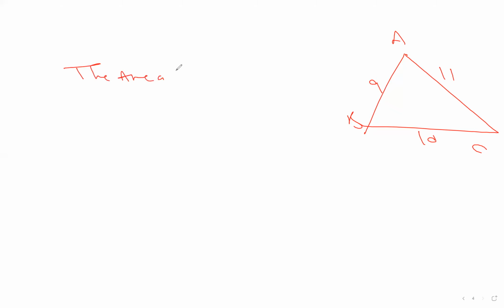Also, we can revise something about the sine and cosine rule. Triangle ABC: if this side is 9 and this is 10 and this is 11, and we need to find the area of triangle ABC, you have to find one of the angles.